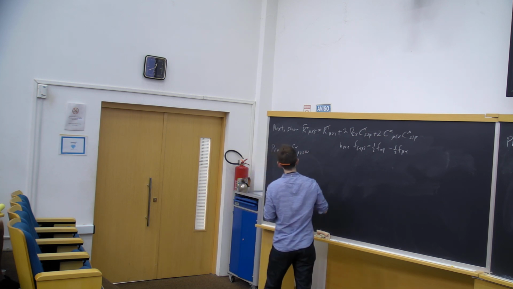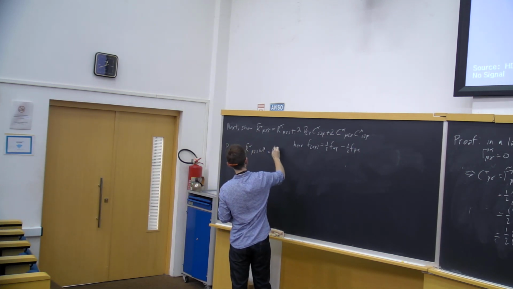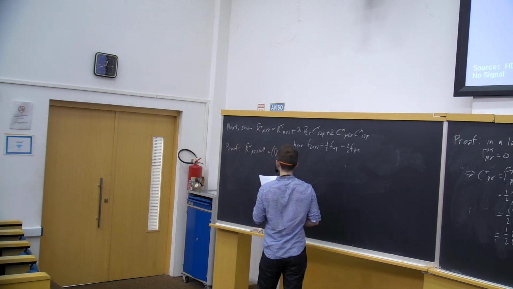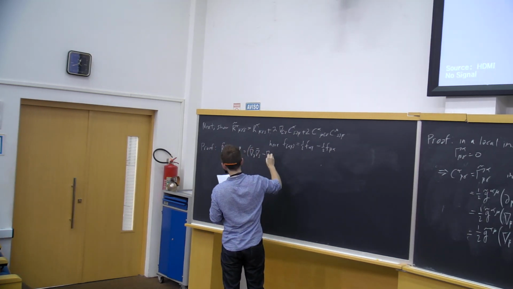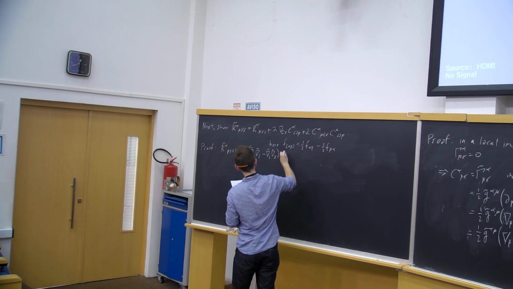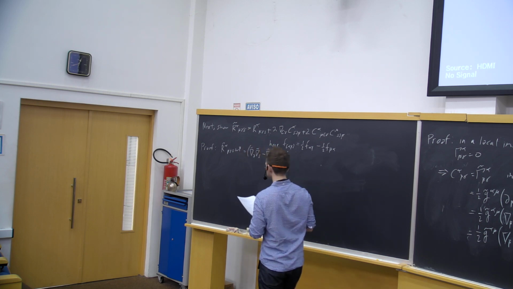The Riemann tensor contracted with some vector is equal to the commutator of 2 covariant derivatives acting on that vector.